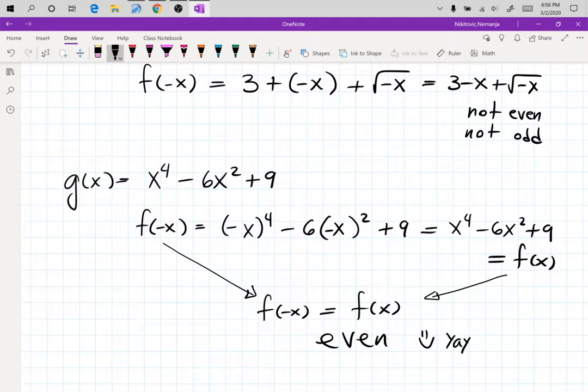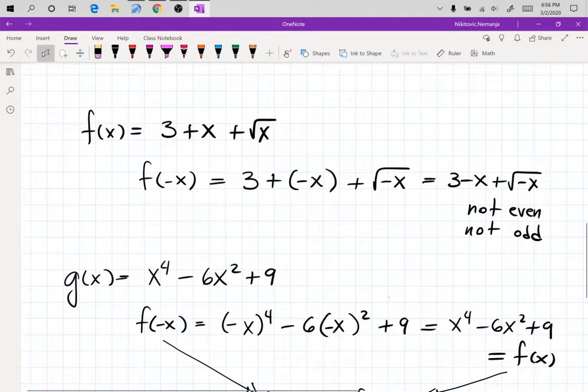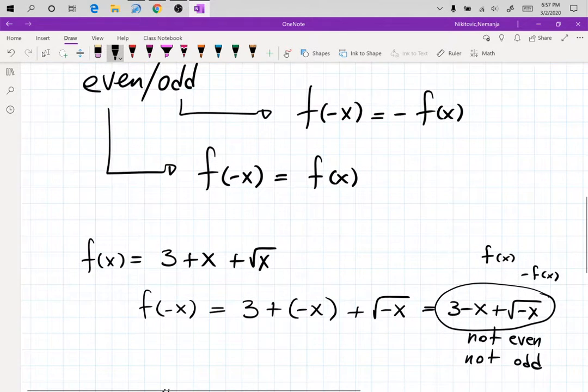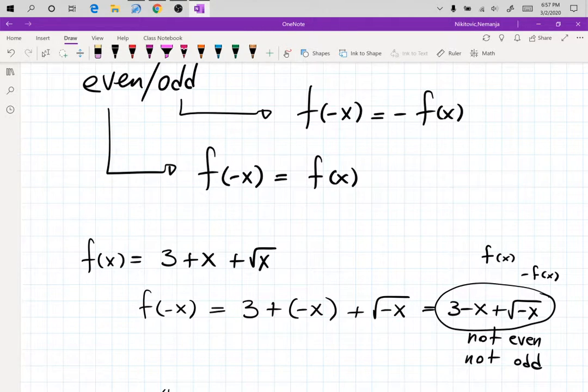Can you go over that again? I just don't understand it. It's not even and it's not odd. Because this function that we got does not match f of x, and it doesn't match negative f of x. It doesn't match any of the definitions because they have to produce this as answers, and this did not produce that as the answer. Right?